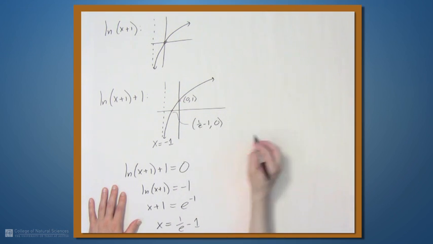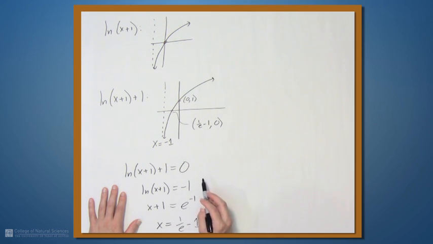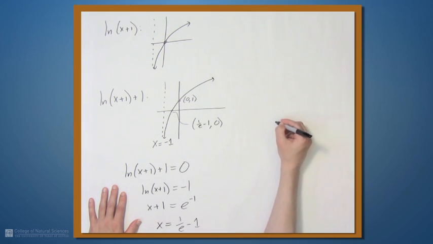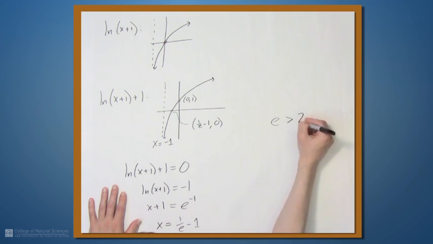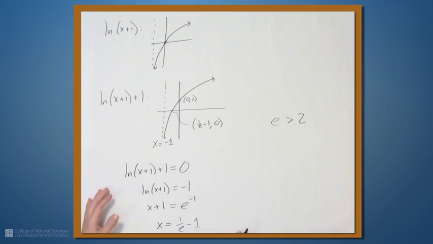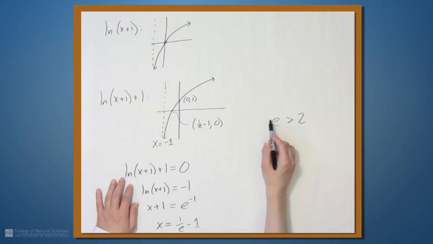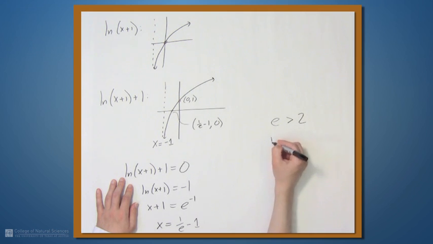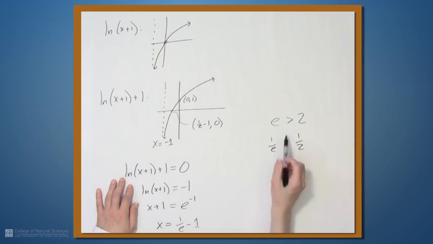Well, for this to be negative, we want 1 over e to be less than 1. So let's start with something that we know. We know that e is greater than 2, right? E is 2 point something, but it's greater than 2. Now, if we take 1 over each side, we have 1 over e and 1 over 2. When we do that, we reverse the direction of the inequality.